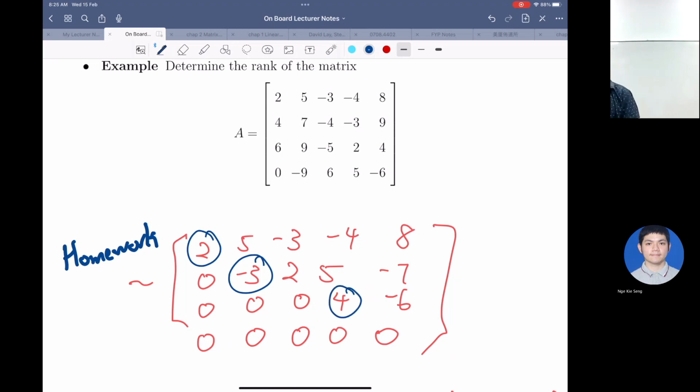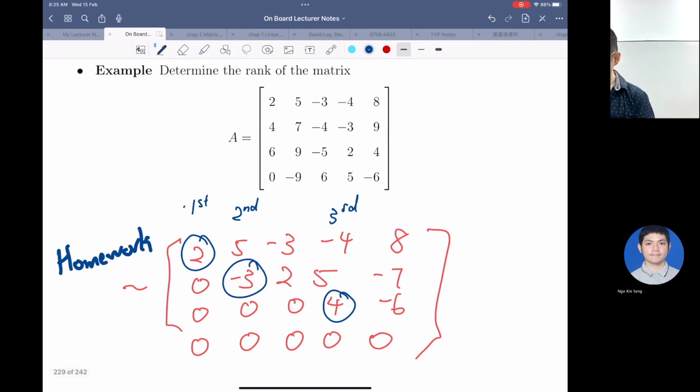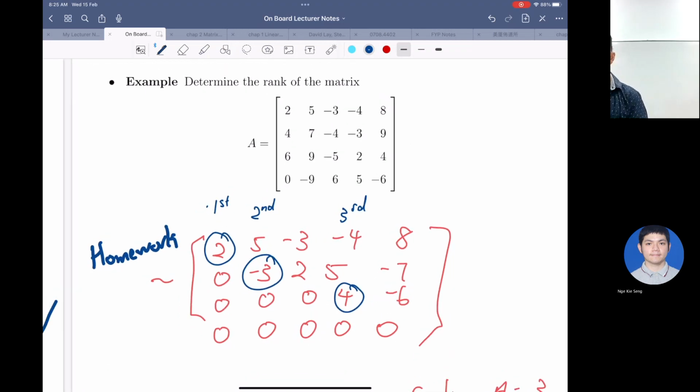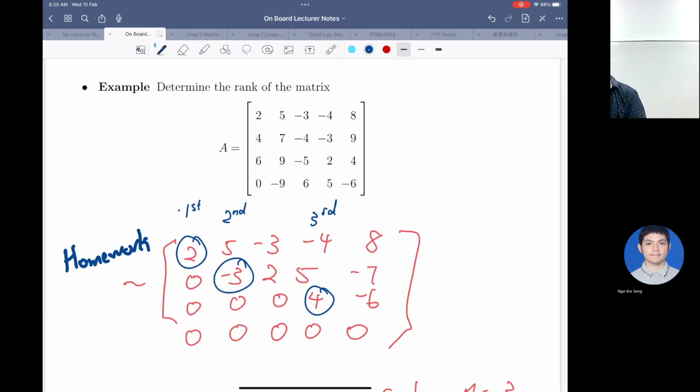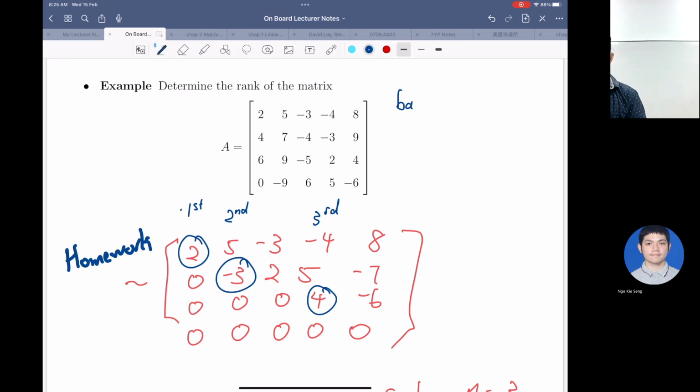So your pivot columns are the first one, the second one, and the third one. So from yesterday, what's the basis of column space A? What's the basis of column space A? Yesterday.